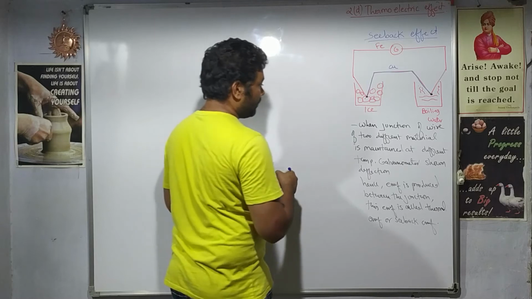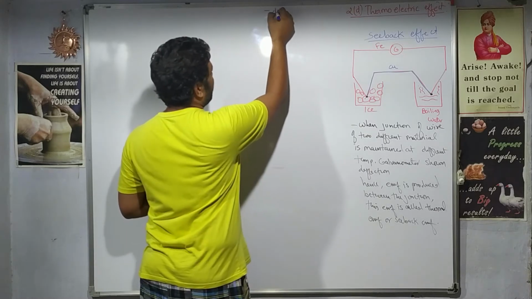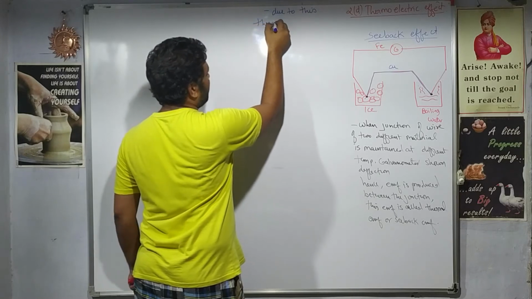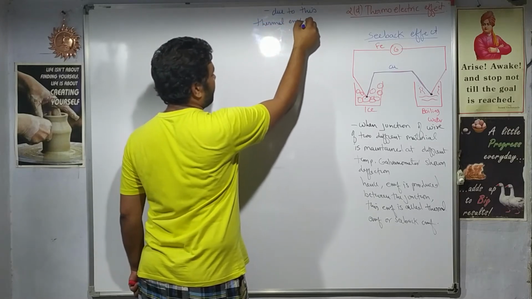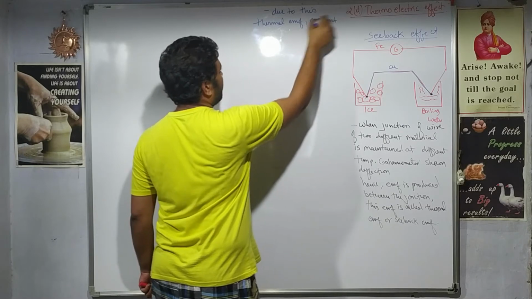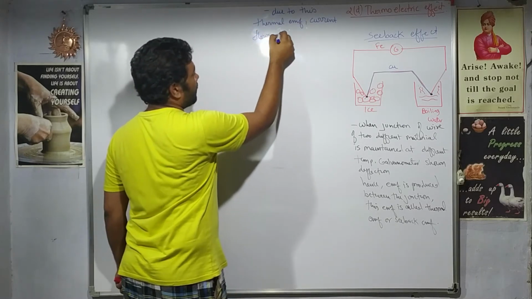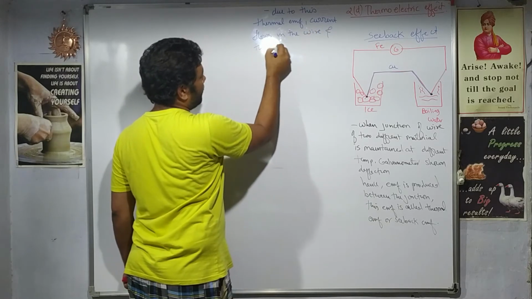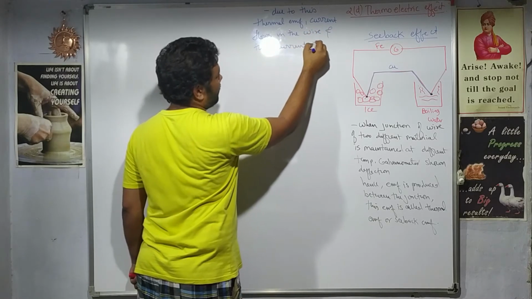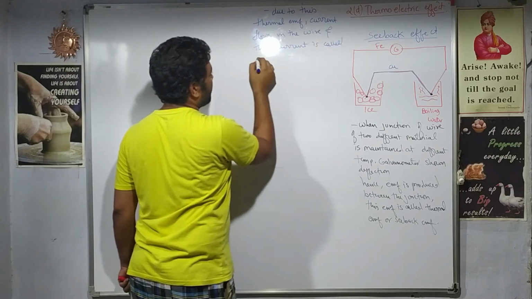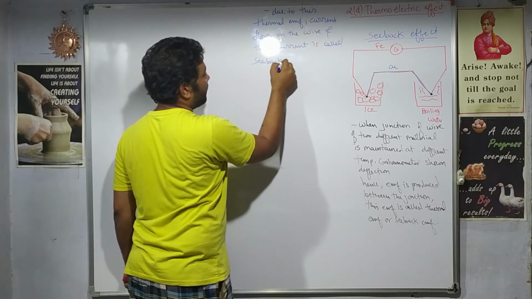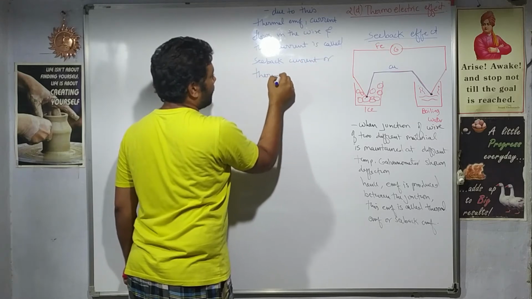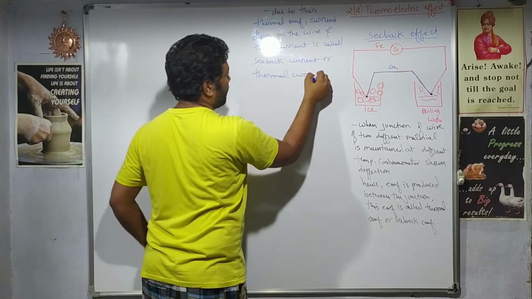Furthermore, due to this thermal EMF, current flows in the wire, and this current is called Seebeck current or thermal current.